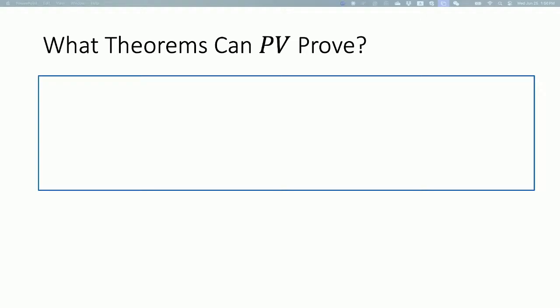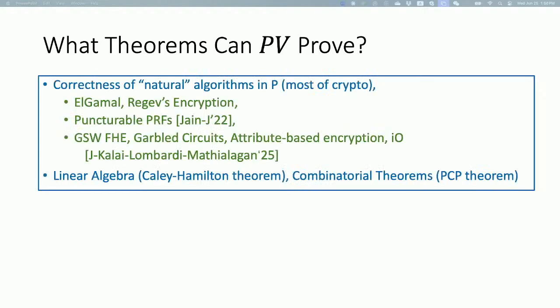In Cook's initial paper, he conjectured that most of elementary mathematics can be formalized in Cook theory PV. And indeed, the correctness of most natural polynomial time algorithms can be formalized in Cook theory PV.